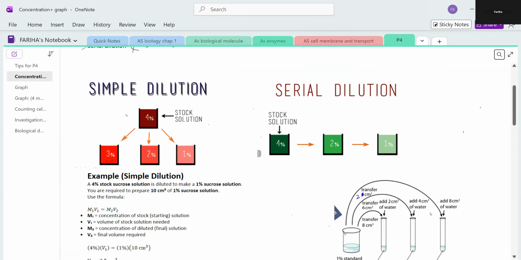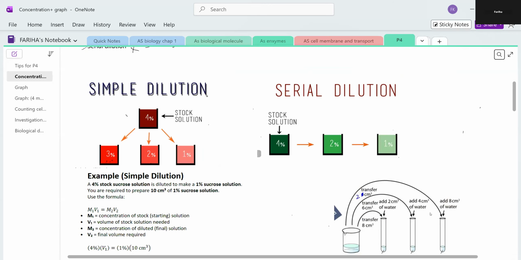As you can see in these diagrams, this is how the simple dilution is prepared. For the simple dilution, we are going to have a stock solution. By using this stock solution, each time, we are going to make a different concentration. For example, we make the 3% concentration by using the stock solution.